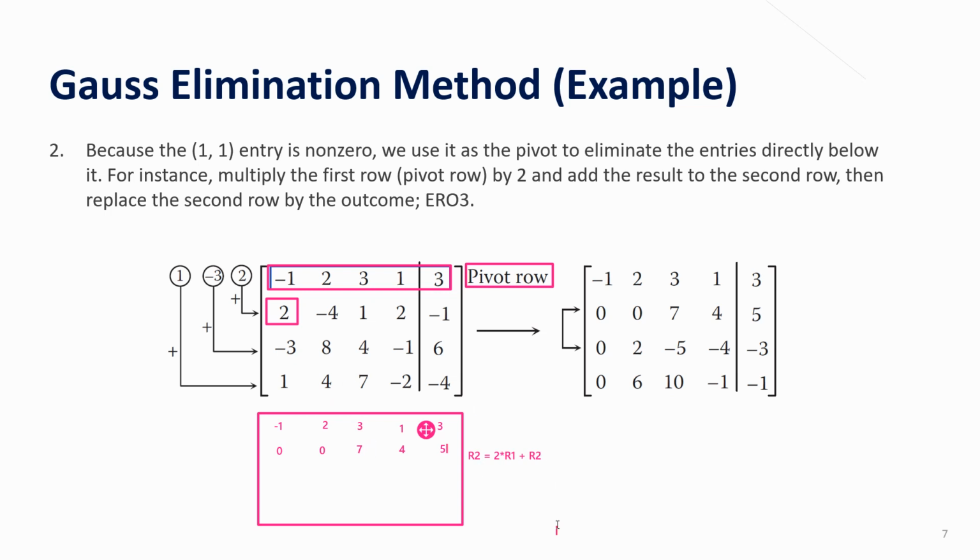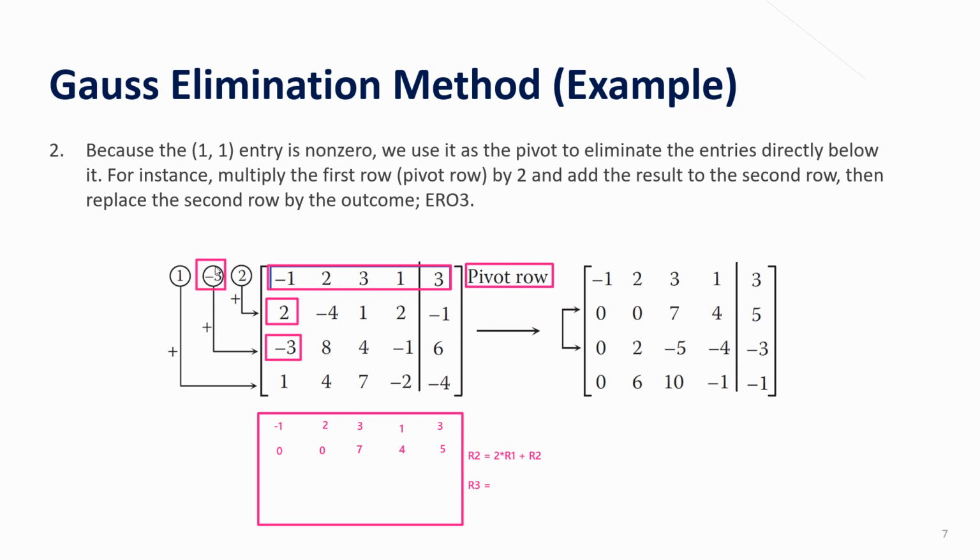What about the third row? Row 3 will be equal to, what is the purpose of operating on row 3? Here we want to eliminate this to become 0. In order to do that, we take row 1, the pivot row, multiplied by minus 3.